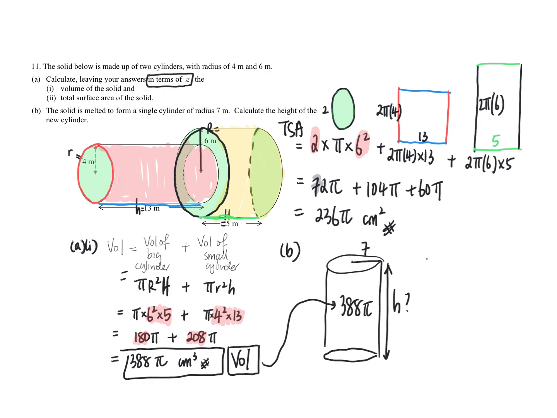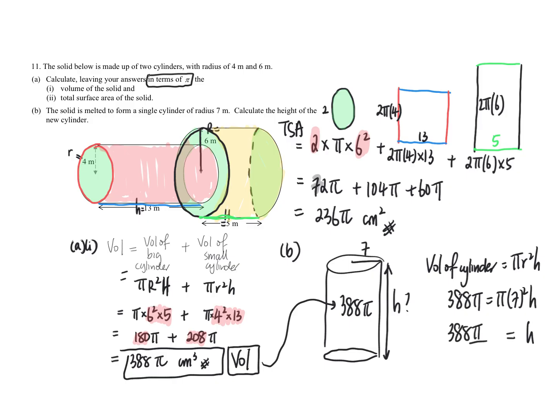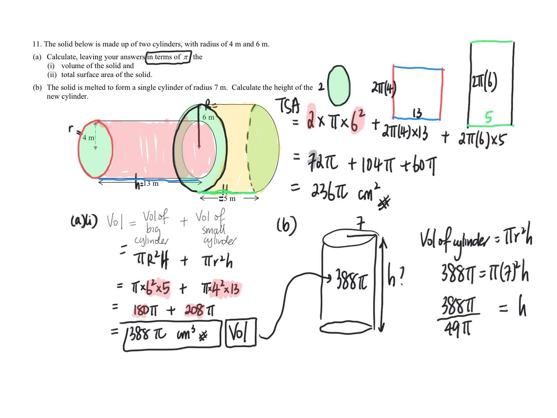So the volume of this new cylinder is pi r square h, so it's 388 pi. My radius is 7. To find h, I use 388 pi divided by 49 pi. So the answer is just 7.92 cm.